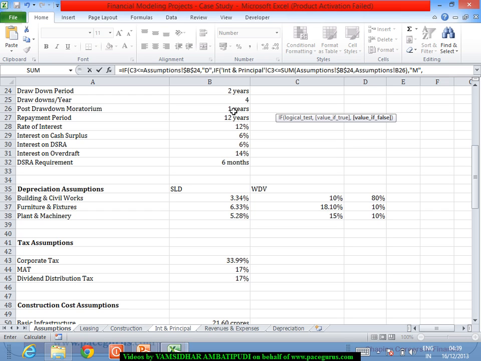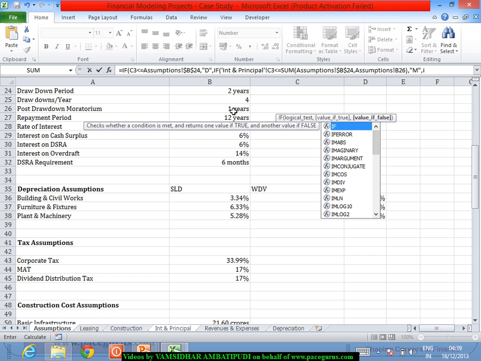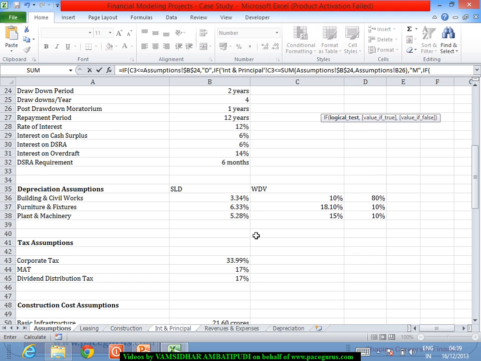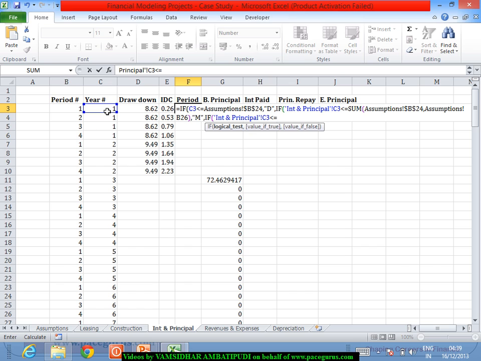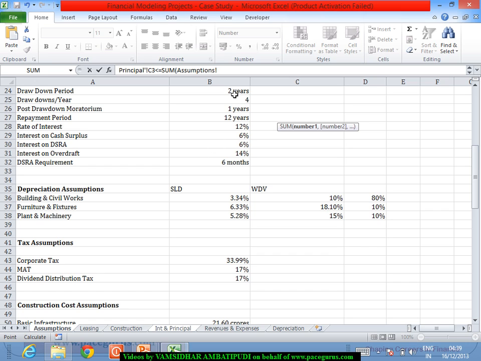Else, again I will check if this year is less than or equal to the summation of all the three: the drawdown period, the moratorium period, and the repayment period.